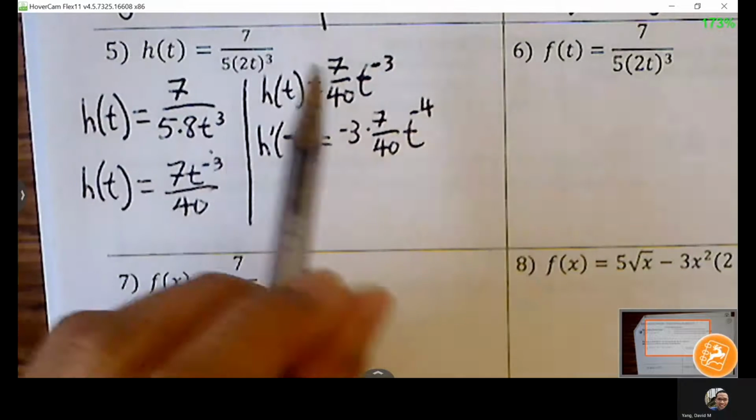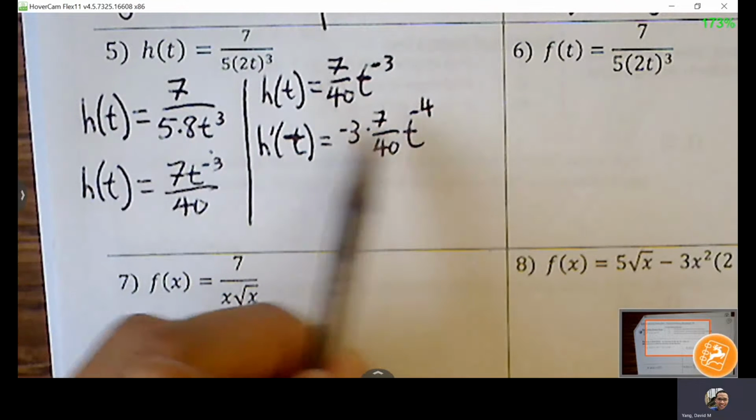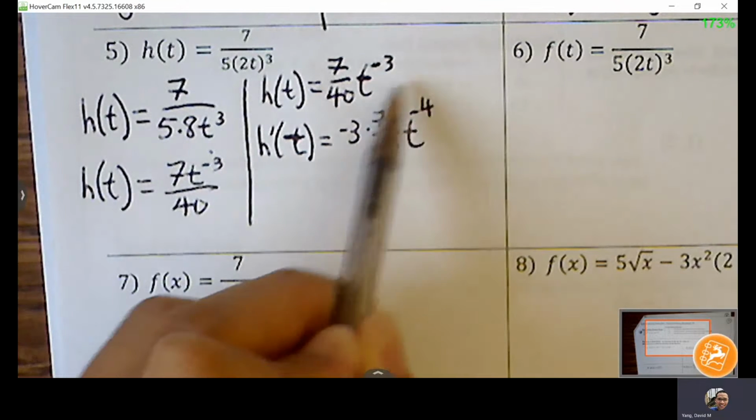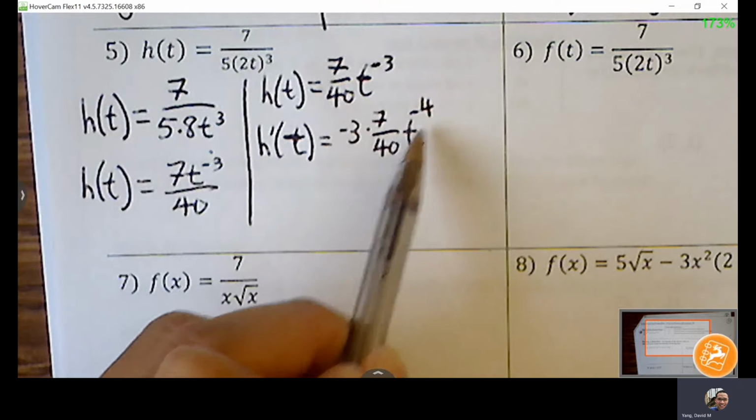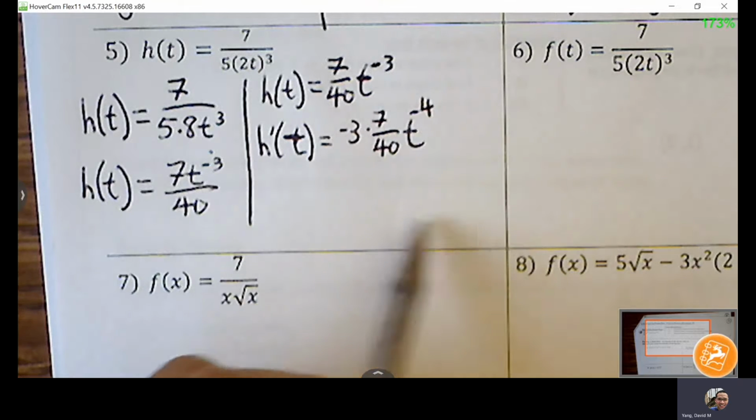Clean up, push all the coefficients together, and then we can finish off. We have the derivative, but we're going to clean up now by pushing that t back down to the denominator.